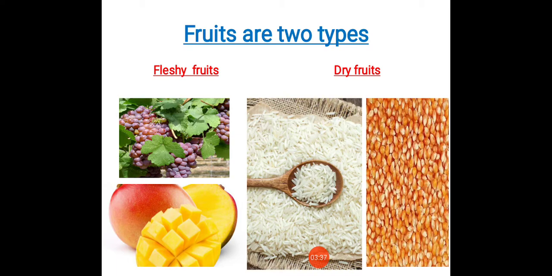Whereas in dry fruits, the mesocarp and endocarp are fused with each other. For example, rice and maize. It is often not possible to distinguish between the three layers of the pericarp as they are fused in dry fruits.